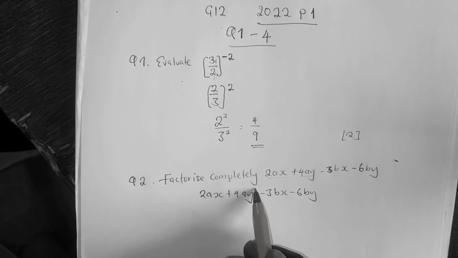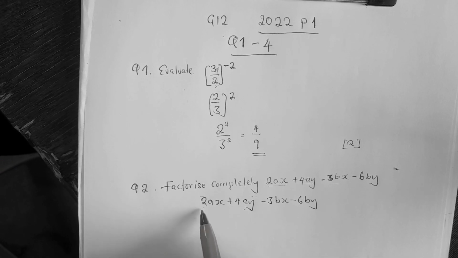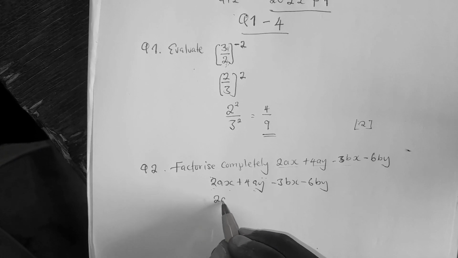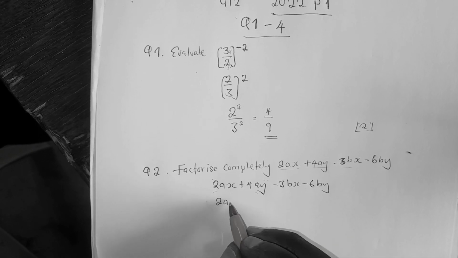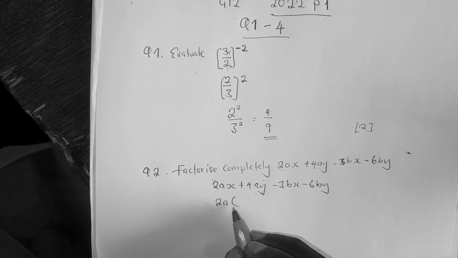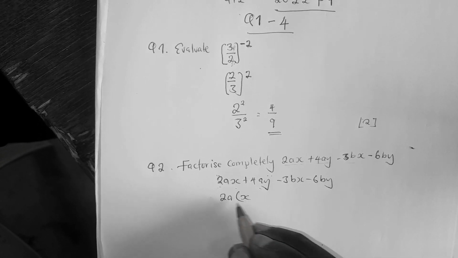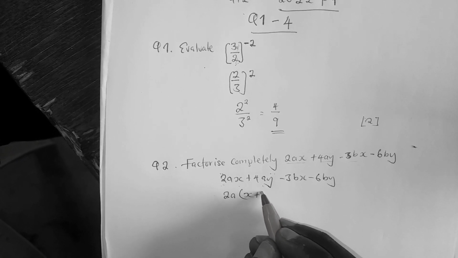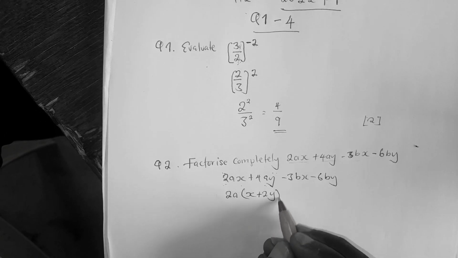If we factorize by grouping, what is common in the first two terms is 2a. 2 into 2 is 1, a into a is 1, and we remain with x. 2 into 4 is positive 2, the a's cancel, and we remain with y.